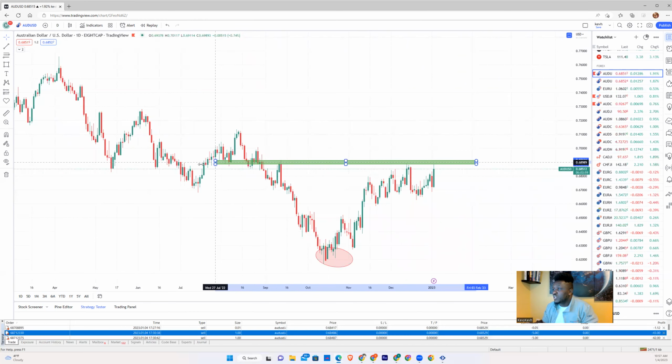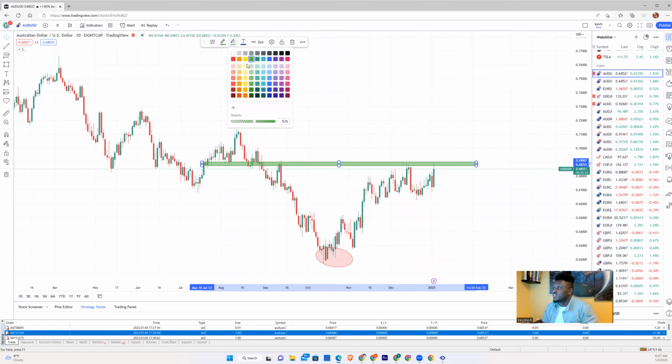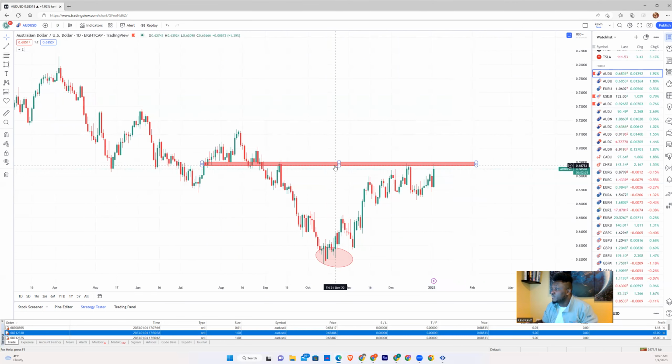I'm doing the whole analysis together with you, just so that you see what I'm looking at and why I'm looking at it. I can change the color on it. That's our current resistance.